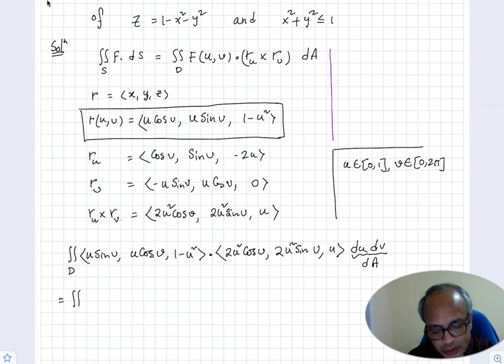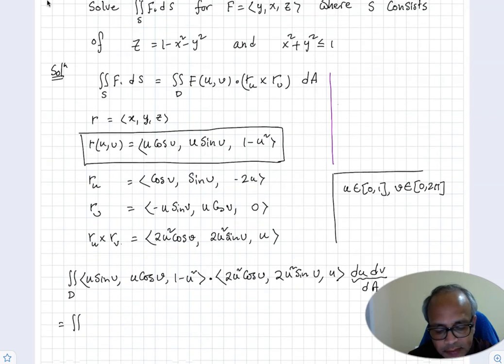Okay, so that sometimes gives a pain of understanding the limit. So just simply look at here, u cos v. So v is an angle, so its limit is going from 0 to 2 pi. So whether you go from 0 to 2 pi or a part of that, it depends on the given surface.